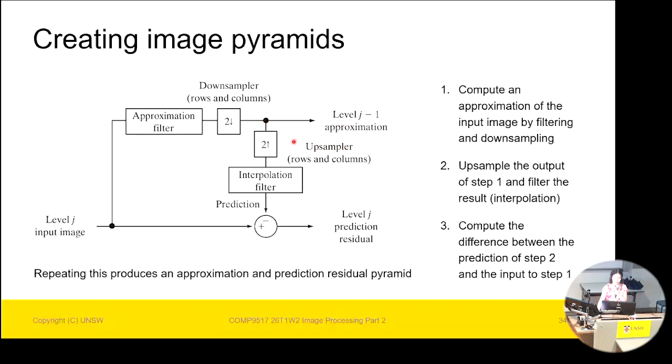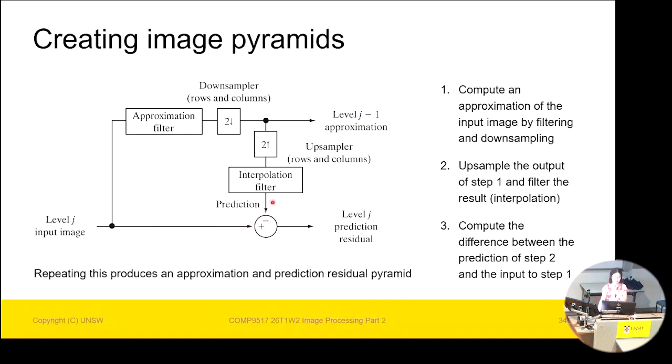Based on this one, we can compute the residue between this image and this image. That means we want to measure how much information is lost through this process. In order to get this, we will do upsampling from this one. Upsampling, now we get back the same size as the original image.